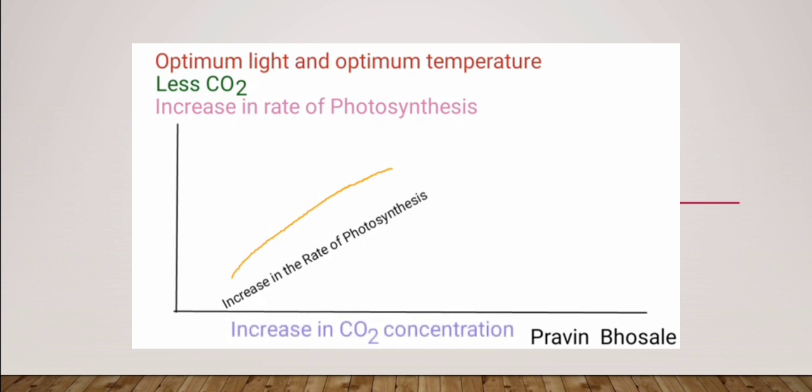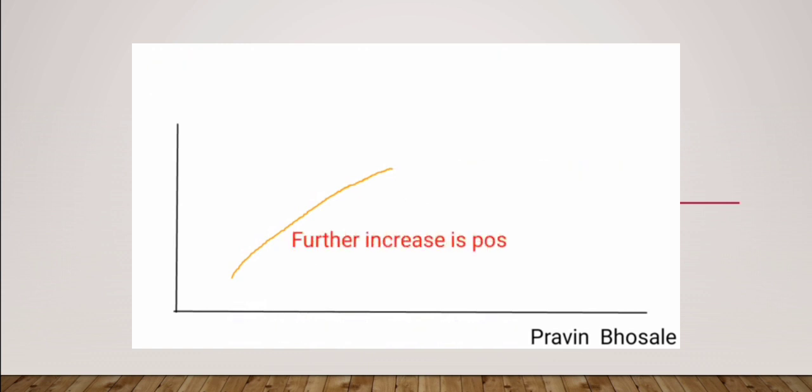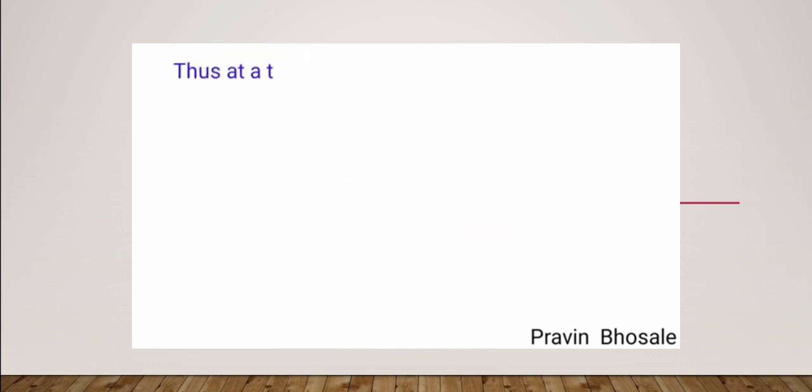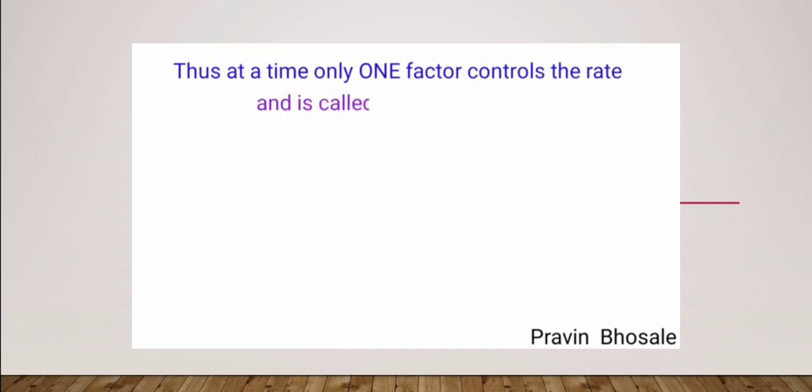But again, there will be a steady state. And further increase is only possible if availability or intensity of light increases. Thus, at a time, only one factor controls the rate and is called limiting factor.